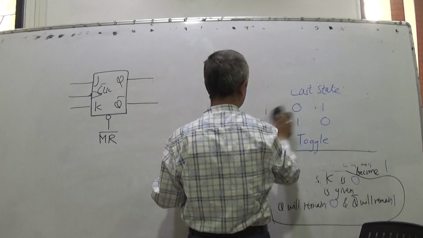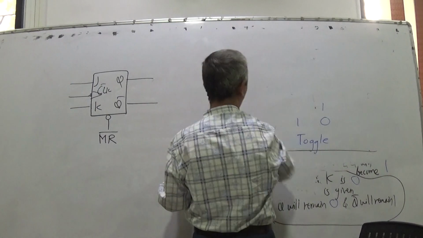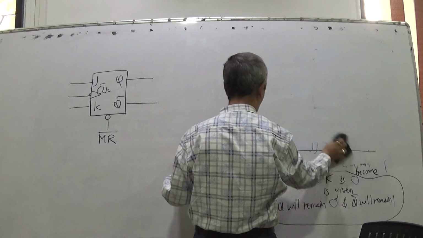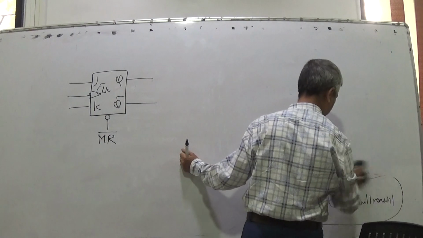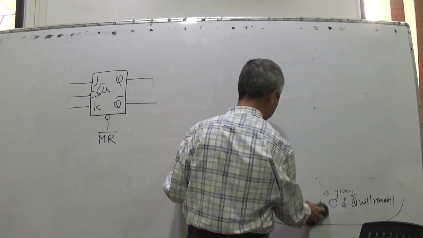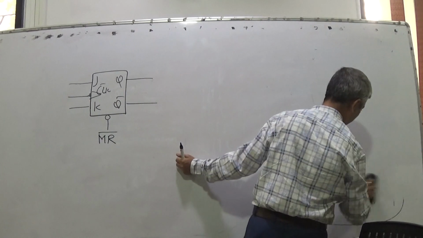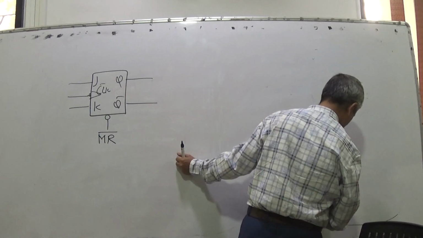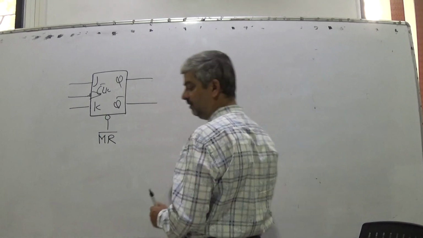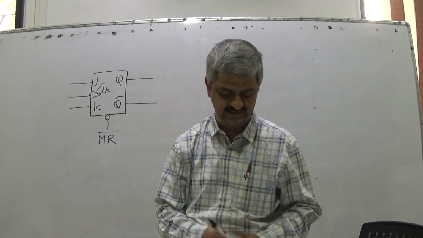This master reset is an overriding input over all the combinations. Master reset input forces the flip-flop to go to reset state.